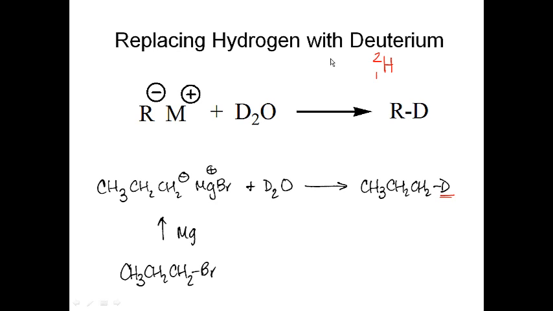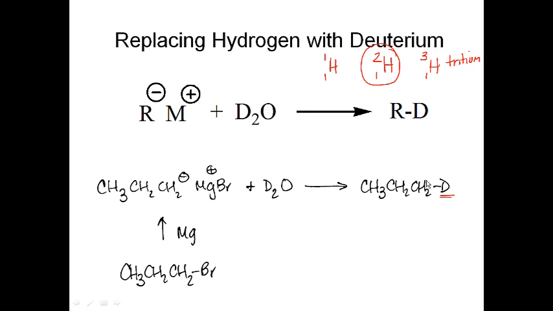Remember, most hydrogen has a mass of 1. There's radioactive hydrogen, called tritium, which has a mass of 3. But the hydrogen with a mass of 2 is called deuterium. And so sometimes we'll replace a hydrogen with a deuterium in an organic molecule to track that deuterium and see where it goes in the molecule.